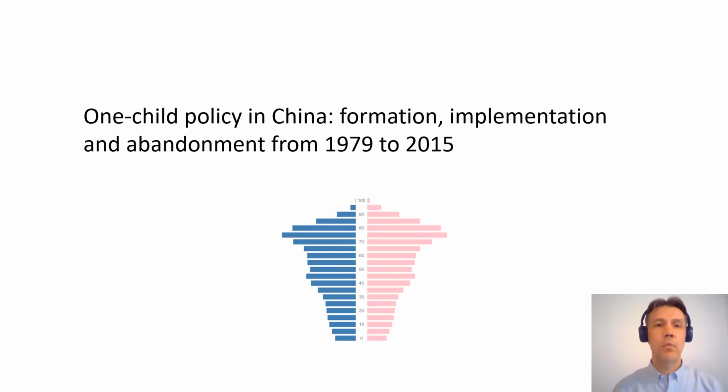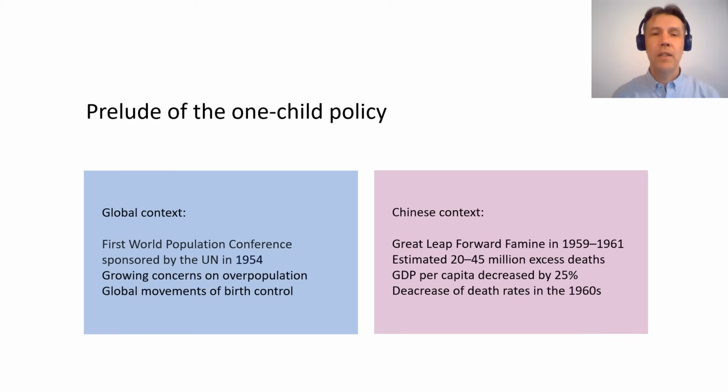So let us start from the one-child policy that was enforced in China from around 1979 till 2015. It is important to understand the context where the one-child policy formed in China. First of all, world population growth started to accelerate.